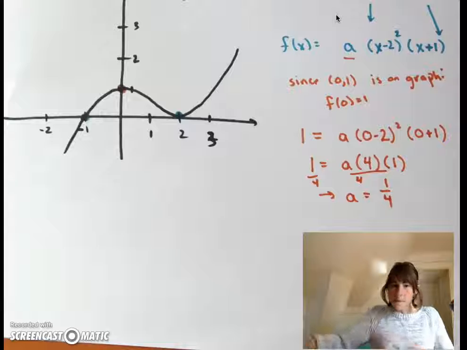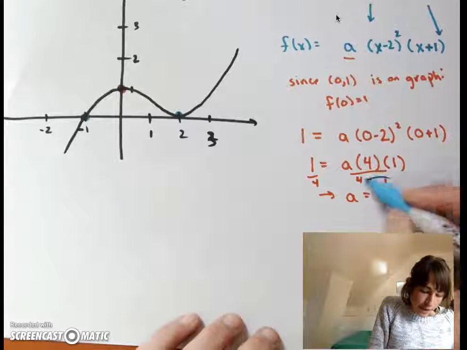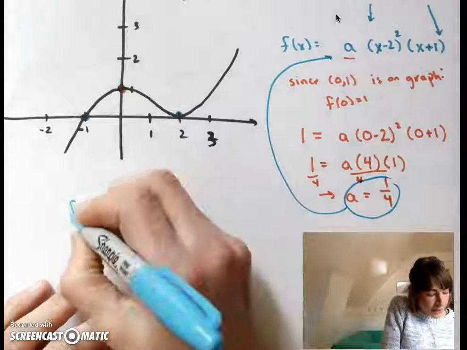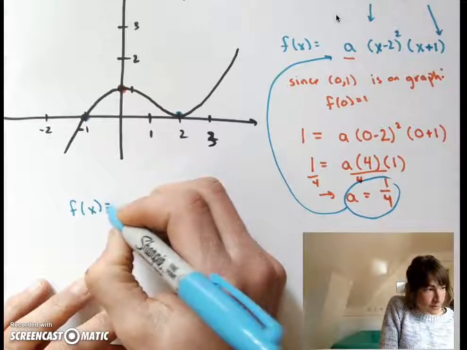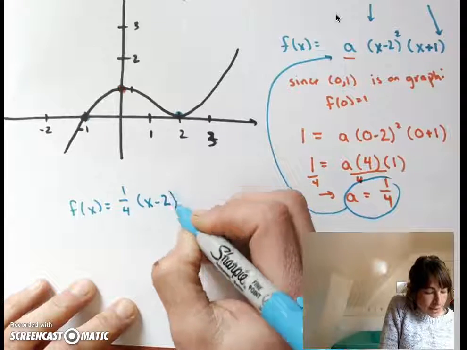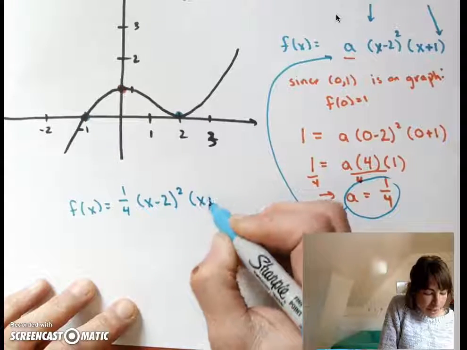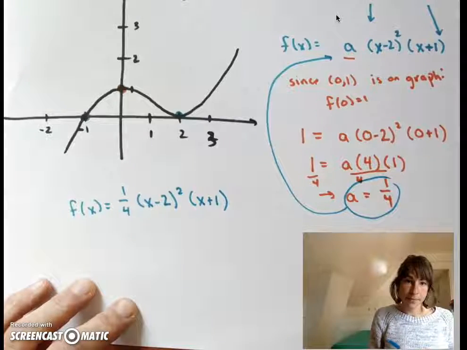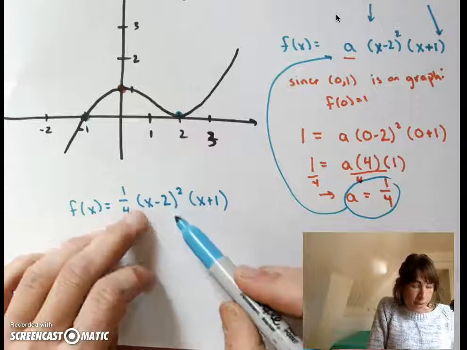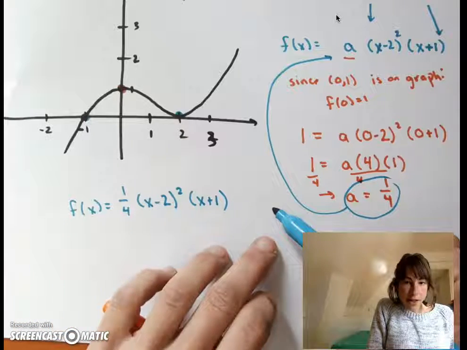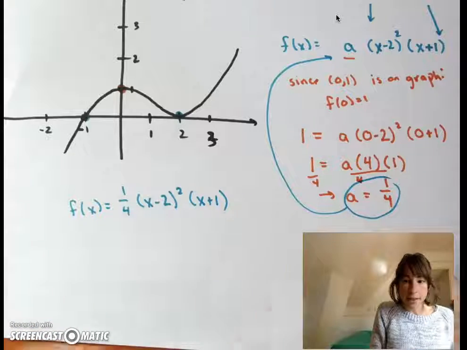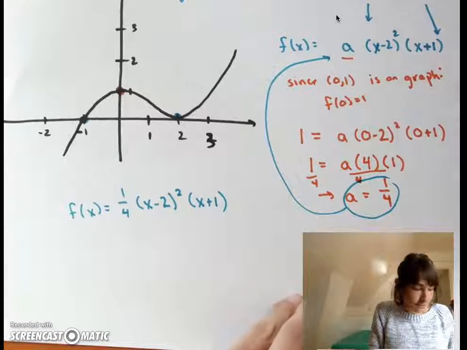And now I will just plug this into my equation. So I have f(x) equals 1/4 times (x minus 2) squared times (x plus 1). So I build up my equation by using the roots to tell me what the factors are, and then finding this scaling factor by just plugging in a point and solving for it.